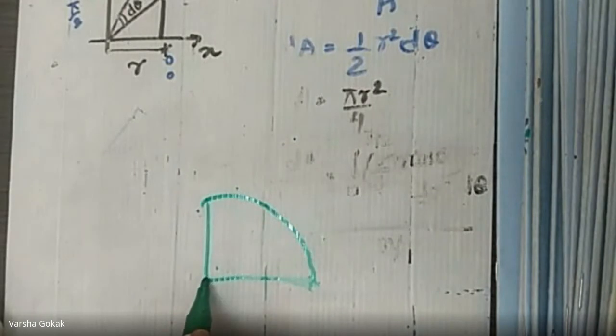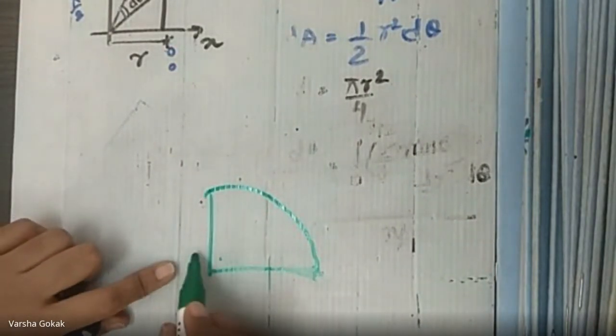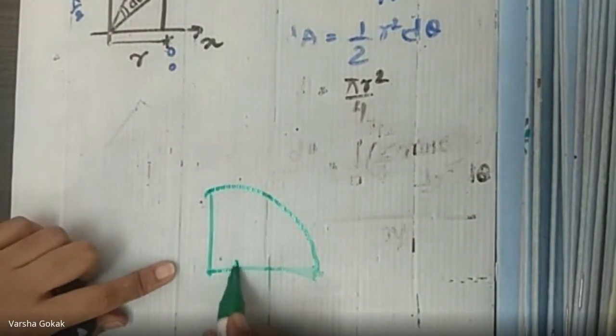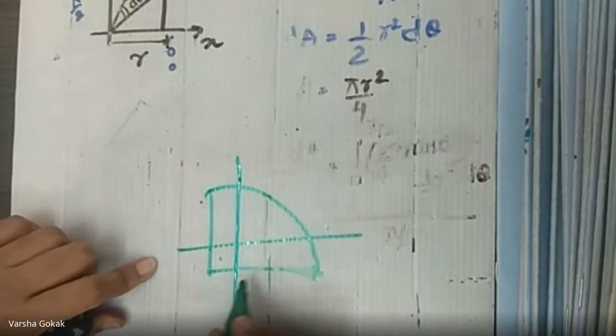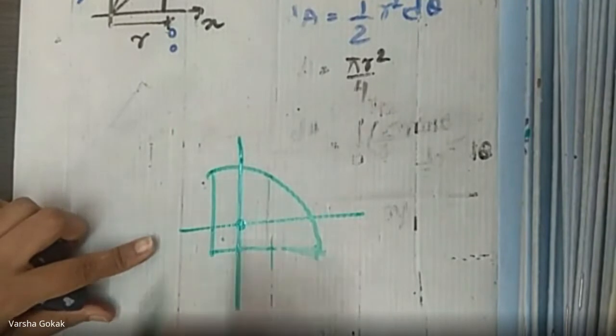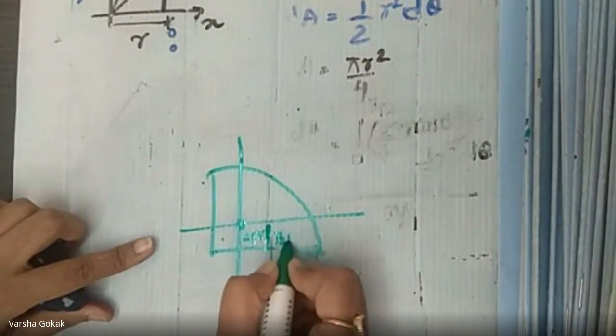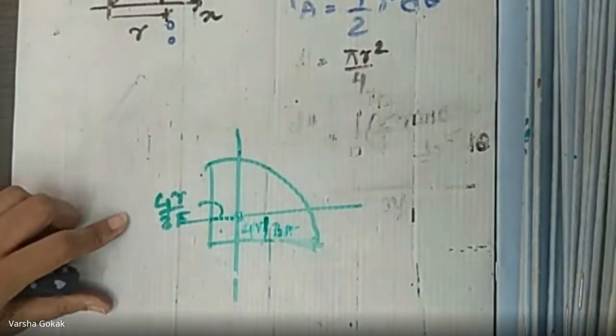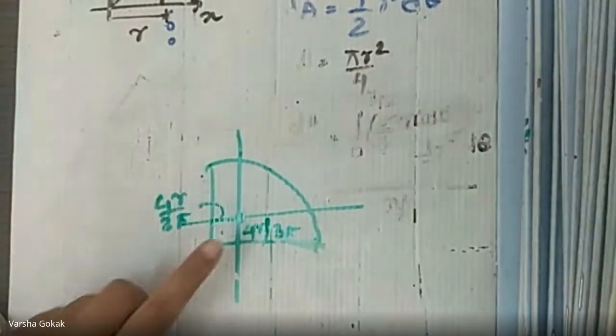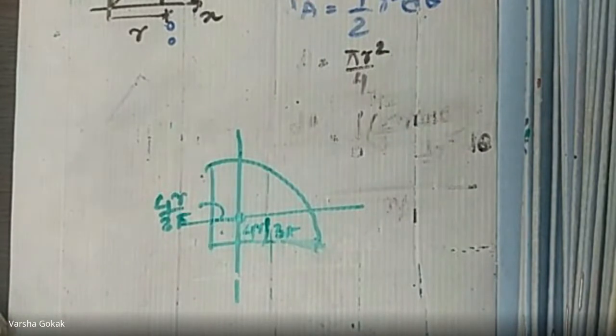It has a 90 degree angle here. From here, x is 4r by 3 pi. From the 90, y is 4r by 3 pi. This is going to be the CG. So this distance is 4r by 3 pi, and this distance also is 4r by 3 pi. Clear? This is the CG of the quarter circle.